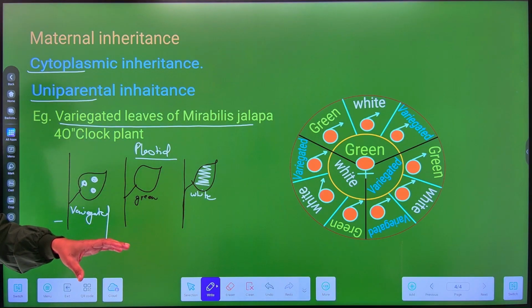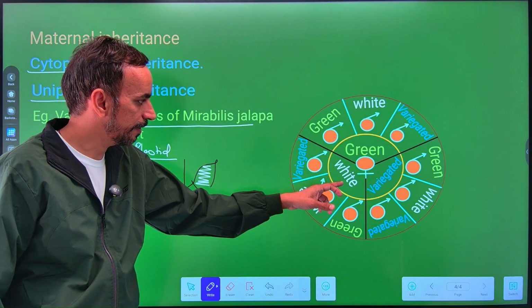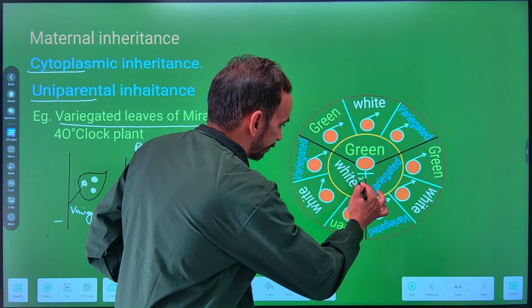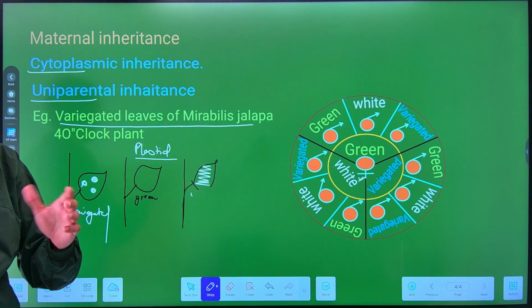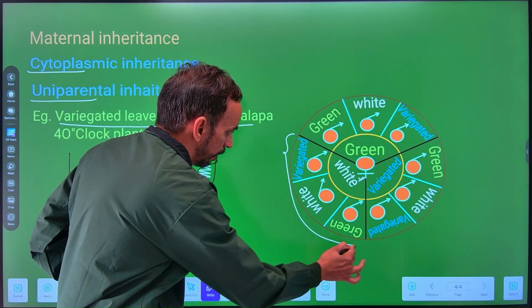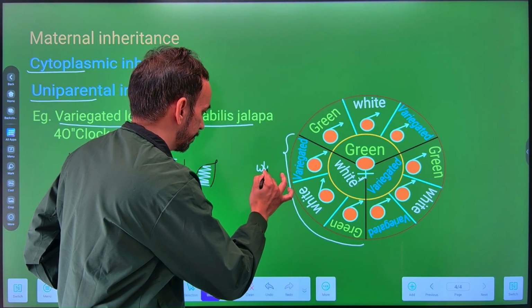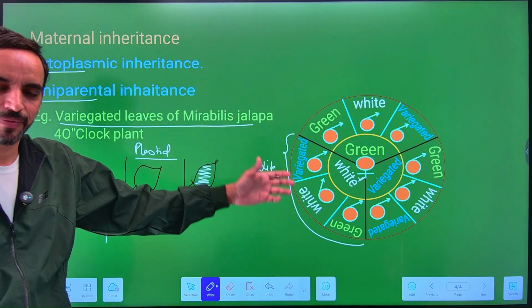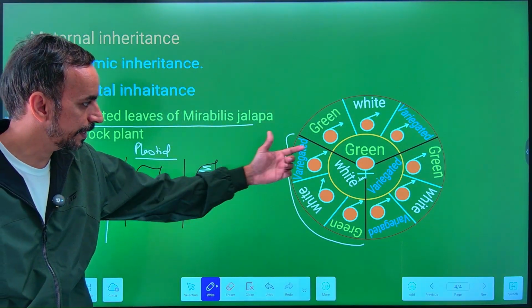So this was studied further. When we take a white-leaved Mirabilis jalapa as a female plant, that is the egg cell, regardless of the pollen grain, it always gives a white plant, because it is cytoplasmic inheritance.